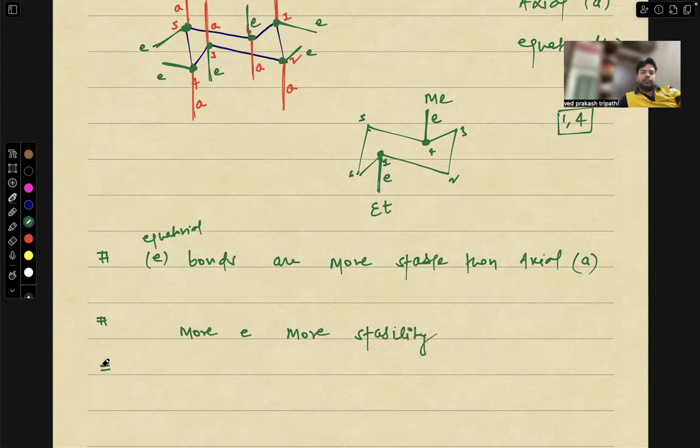Third, bulky group at equatorial are more stable.